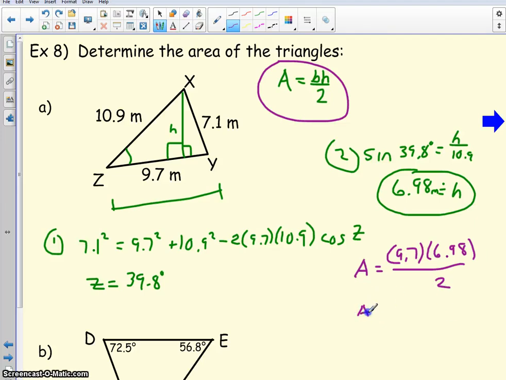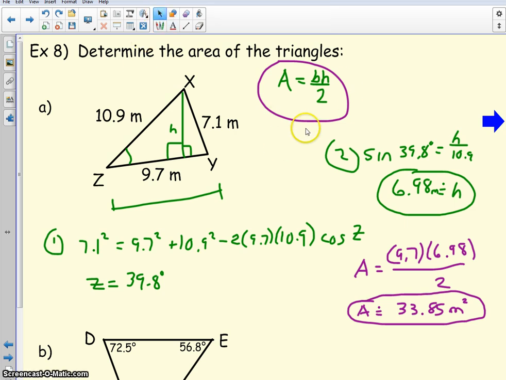So you should get about 33.85 square meters. So that was taking a problem from grade 8, a simple area of a triangle, and making it a lot more complicated. It rounds to about 34 square meters, but about 33.85, depending how many decimal places you keep.